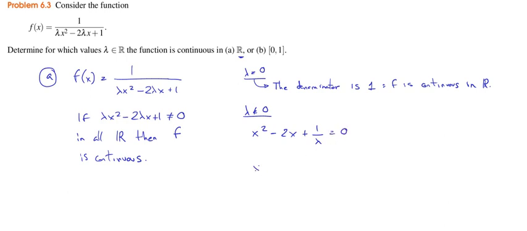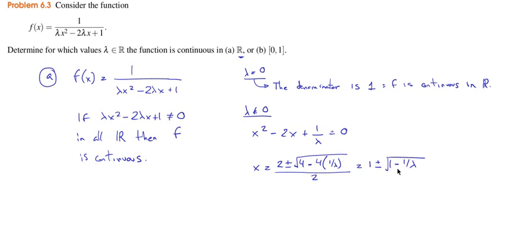Okay, so we can apply our well-known formula. This is 4 minus 4 times 1 over lambda, divided by 2. And so we can take a common factor here. This is 1 plus minus the square root of 1 minus 1 over lambda.